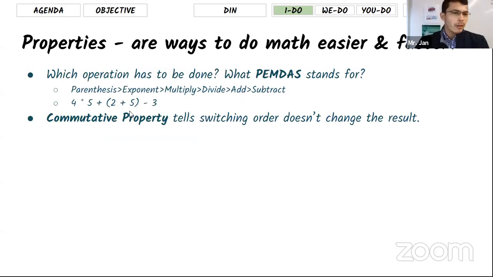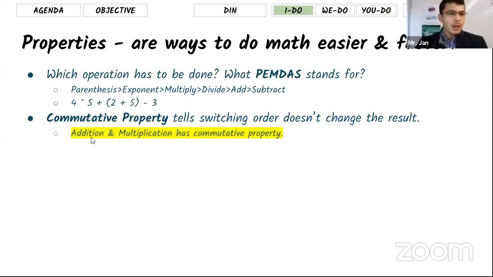The next one is the commutative property. Basically, it's just switching the order, and switching order doesn't change the result. There is one tiny detail about the commutative property: not every operation has it. Only addition and multiplication have a commutative property.